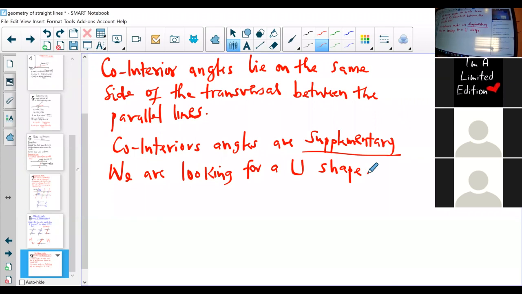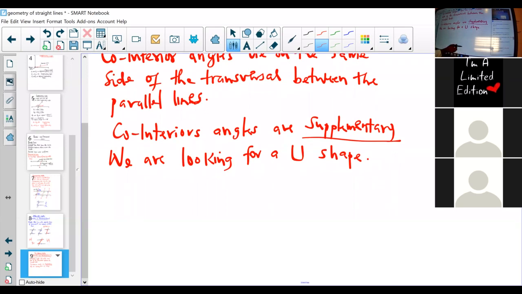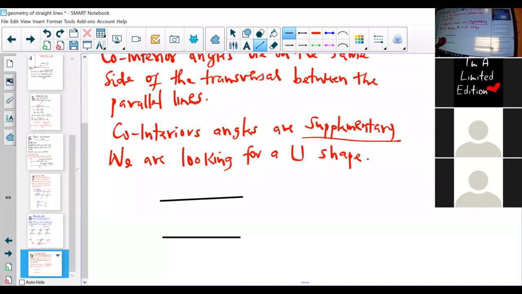Again, we cannot do anything without having parallel lines and a transversal. This angle and this angle. So we are looking for the U shape. That's your U there.